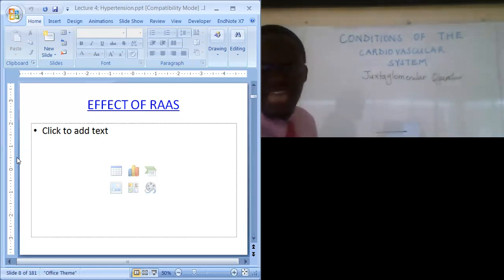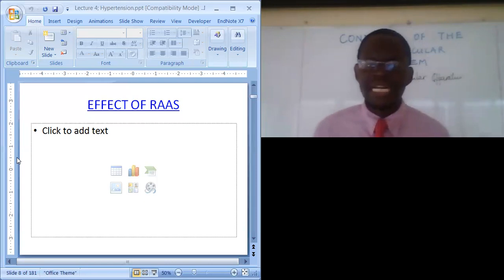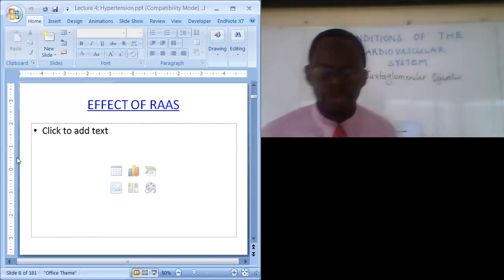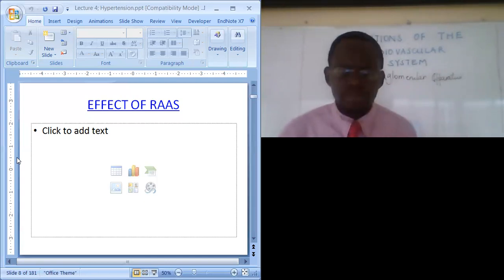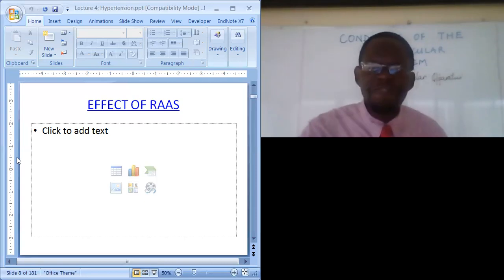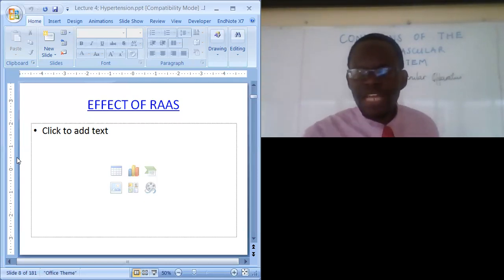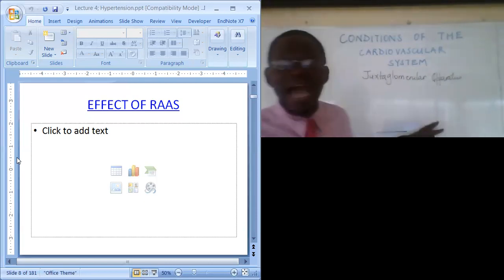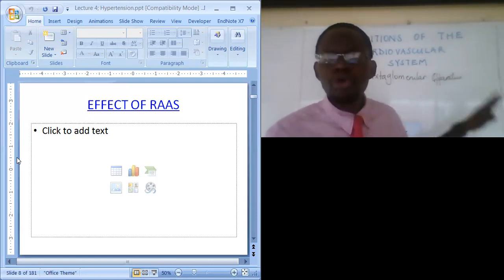Now, these juxtaglomerular apparatus are the ones responsible for the production of renin. What actually happens is that when there is low blood flow, or low glomerular filtrate within the nephron, the juxtaglomerular apparatus are stimulated to produce renin.